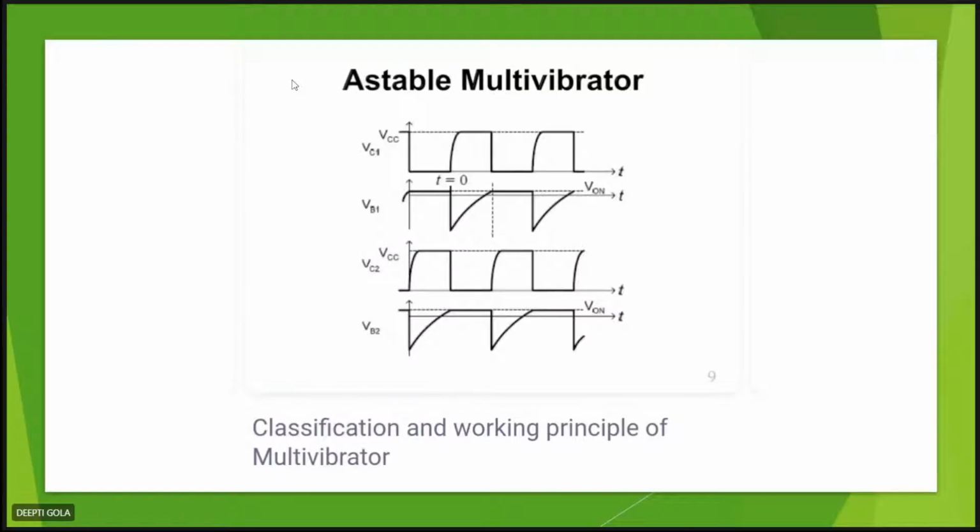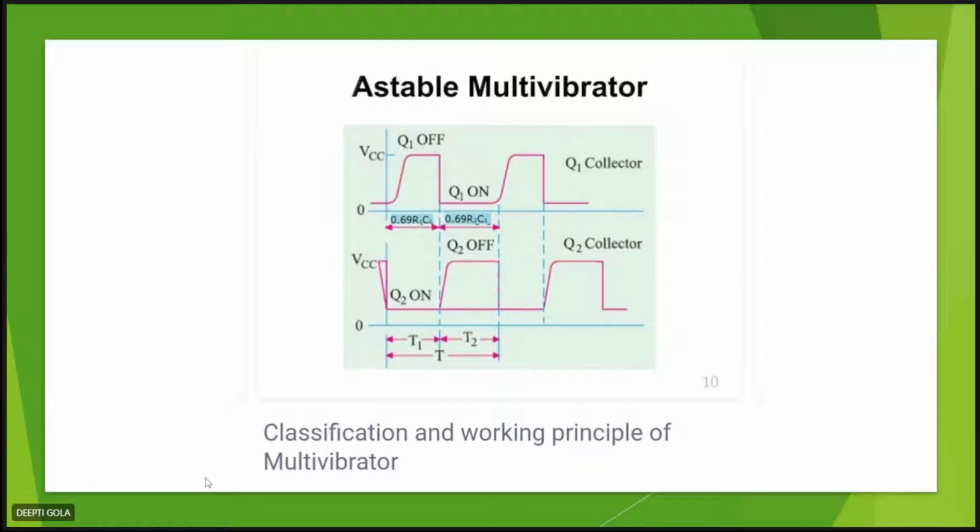These are the two conditions which we will have once Q1 is on and once Q2 is on. Okay, so what is the time constant? What will be the total time period when Q1 is off and when Q1 is on? This is the total time period, and it will be equal to 0.69 times R1 C1, because in this duration R1 and C2 are working, and in this duration C1 and R2 are working.